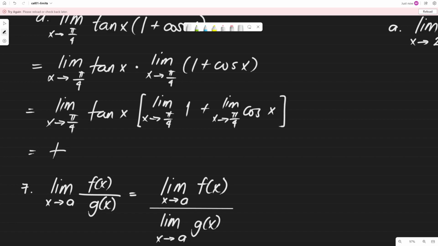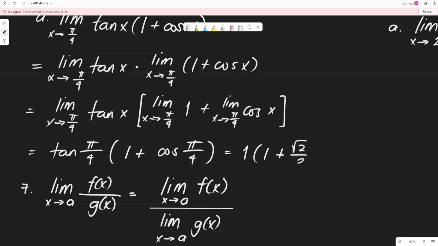We have tangent of pi over 4 multiplied to 1 plus cosine pi over 4. We have values for these: tangent pi over 4 is equal to 1, multiplied to 1 plus the value of cosine of pi over 4, which is square root of 2 over 2.